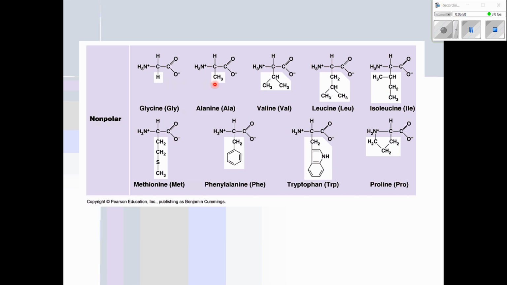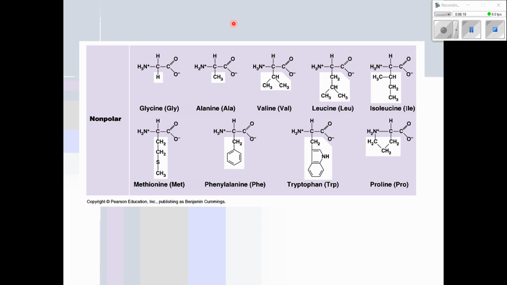It's the R group because the rest of the amino acid is absolutely identical. So again, there are 20 different naturally occurring amino acids which are used to build proteins inside living cells, bacteria, plants, animals, fungus, etc.